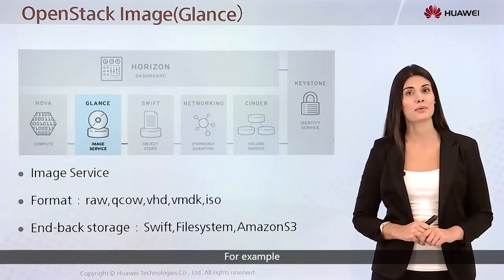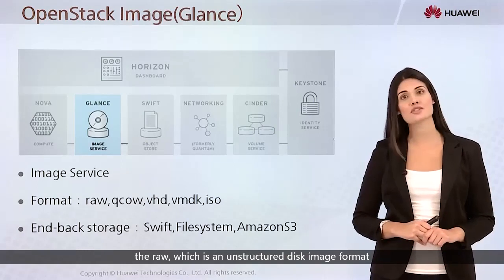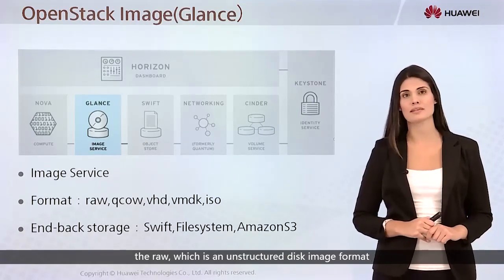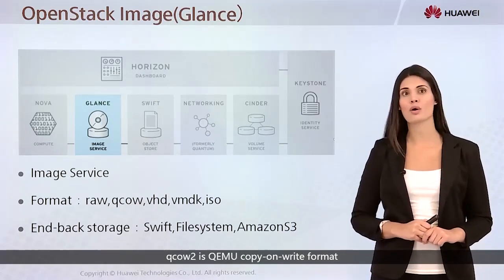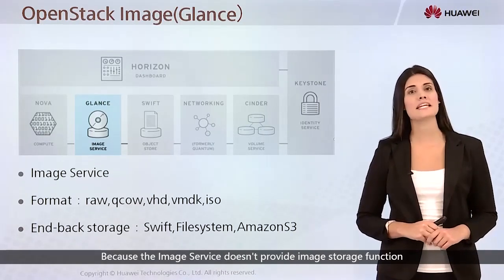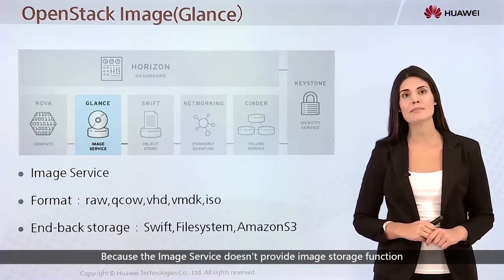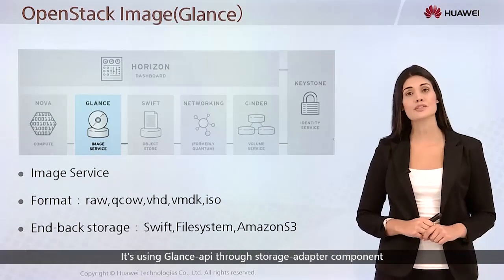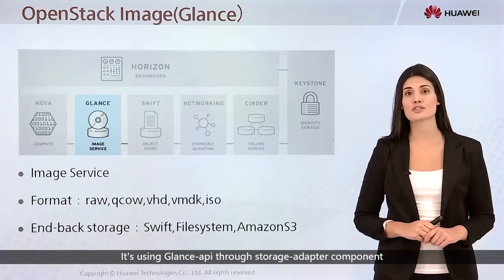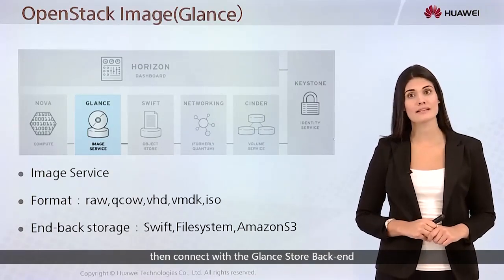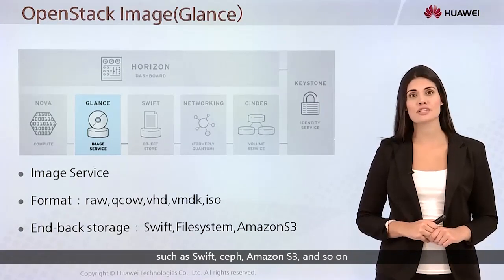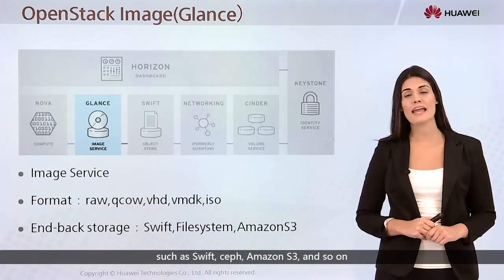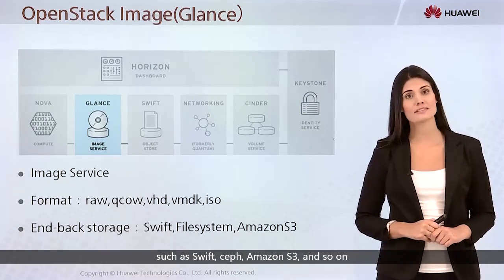For example, raw is an unstructured disk image format, and qcow2 is the QEMU copy-on-write format. Because the image service doesn't provide image storage itself, it uses the Glance API through a storage adapter component, then connects with the Glance storage backend such as Swift, Ceph, Amazon S3, and so on.